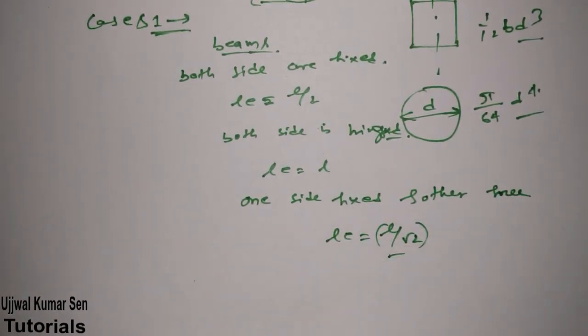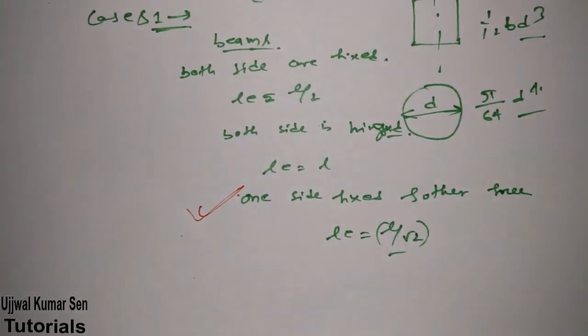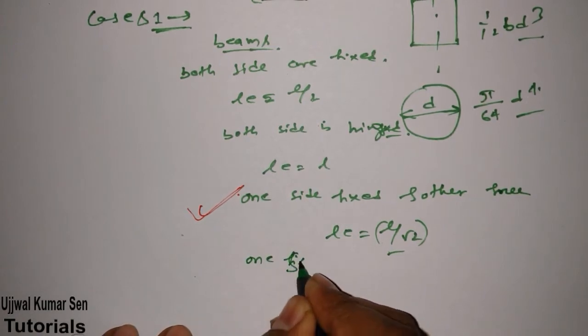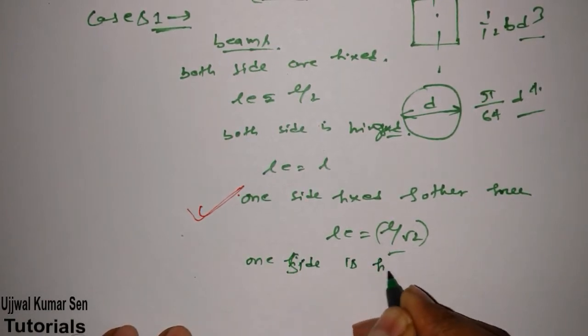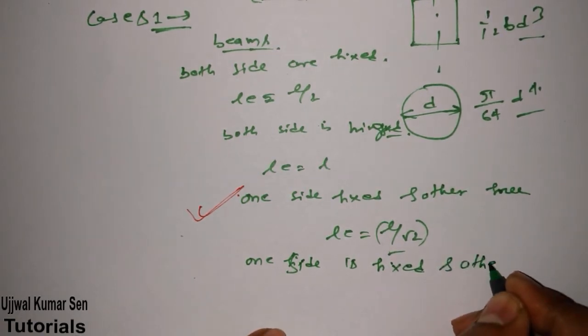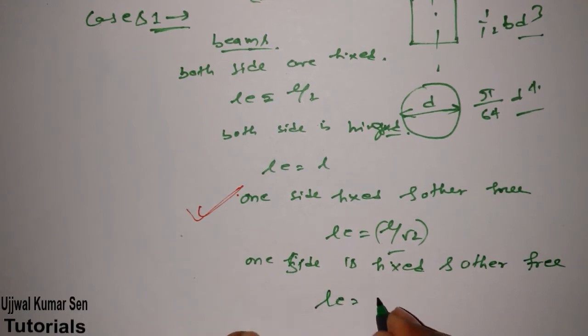This is the condition they have asked in the question, that's why I am sharing it with you. And the third condition is one side fixed and the other free, therefore LE is equal to 2L.